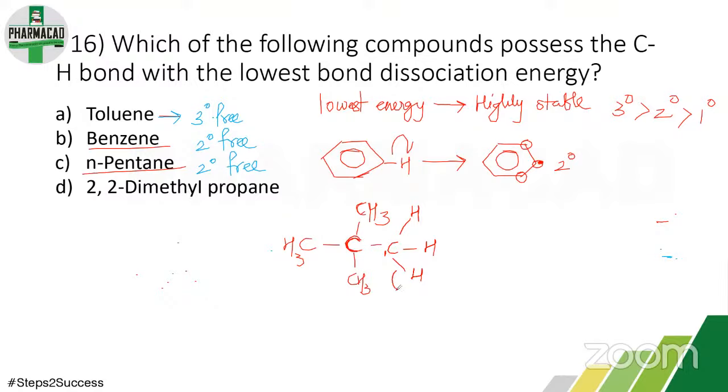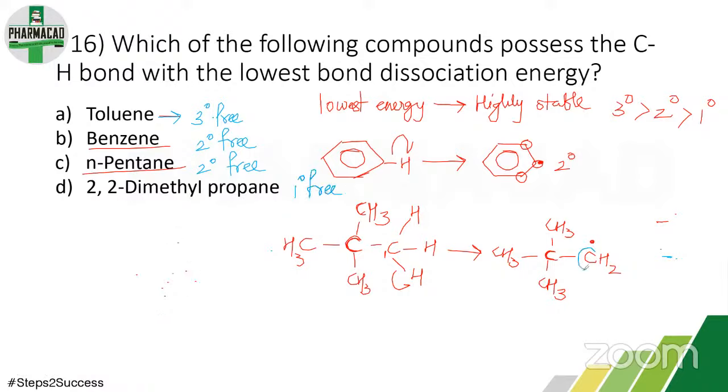So after homolysis, what we will get? CH3, C, CH3, CH3, CH2 with free radical. So in this case, we are getting a primary free radical.